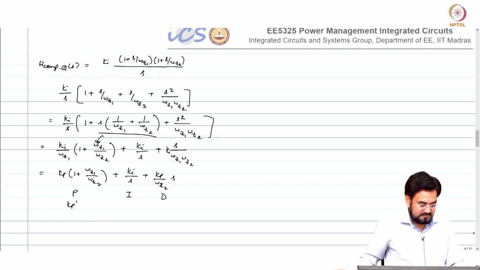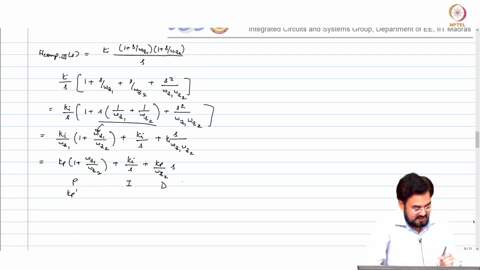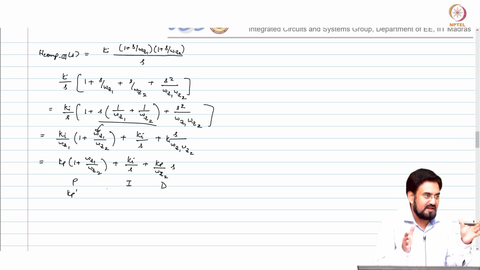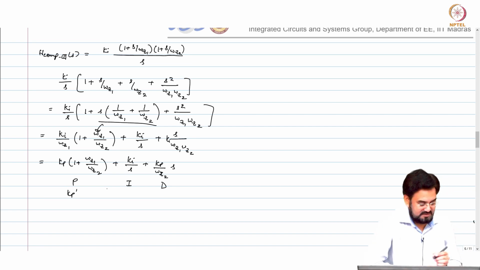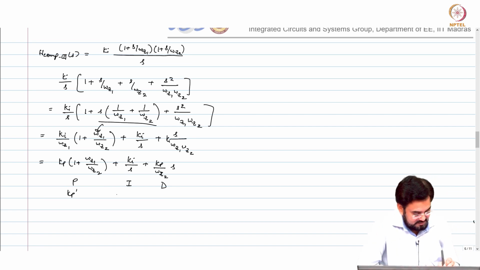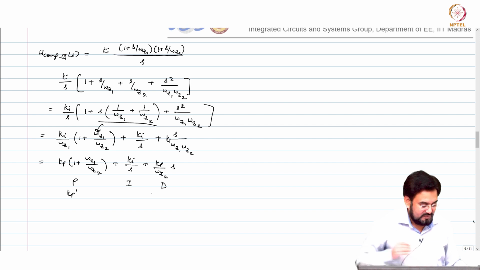Okay. And this effect we already consider when we calculate the values, because when we calculate the gain, we consider the effect of second zero. Okay, so that will be already taken care in that. So integral and derivative. So derivative is the extra component we are getting.